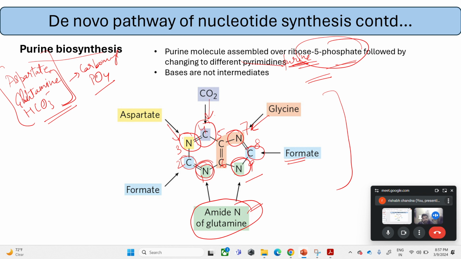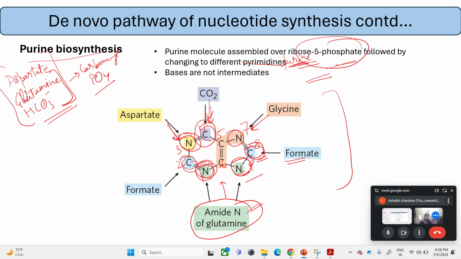I'll repeat once more. The first and the ninth nitrogen come from the amide end of the glutamine molecule. The second carbon and the eighth carbon come from the formate molecule. The third nitrogen comes from the aspartate molecule. The fourth carbon comes from the carbon dioxide molecule.